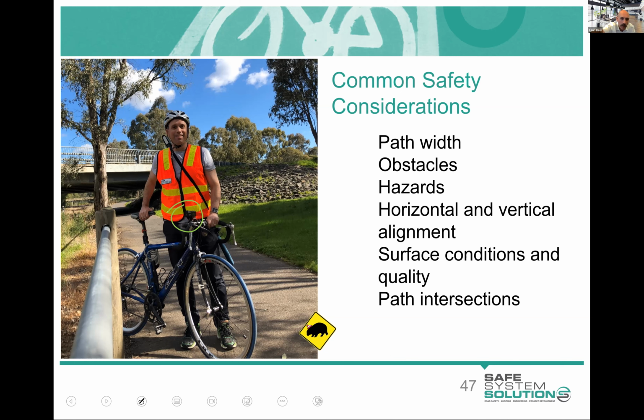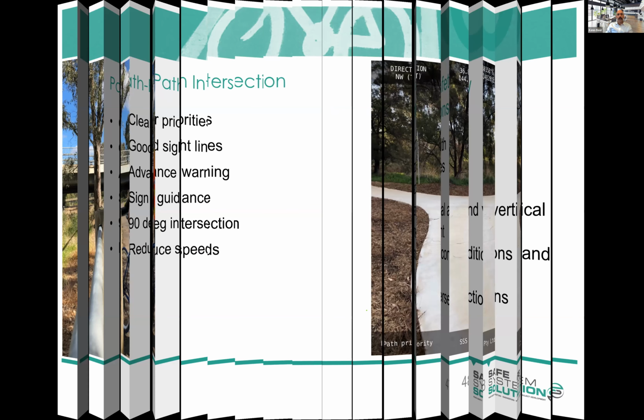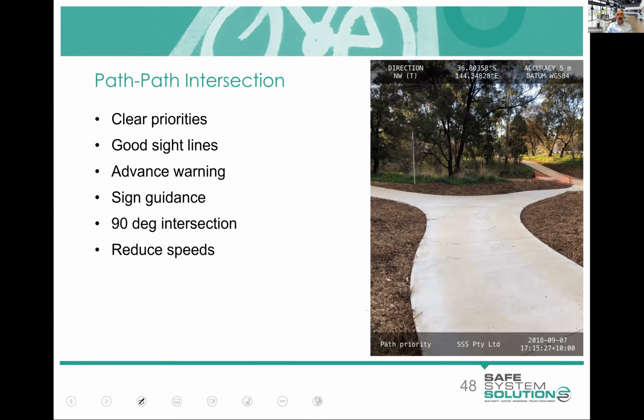And then you're starting to think about these sorts of issues: path width, obstacles, hazards, horizontal and vertical alignment, surface conditions, and intersections are an interesting point. So intersections, like path-to-path intersections, or intersections with roads, but path-to-path intersections, let's talk about those.